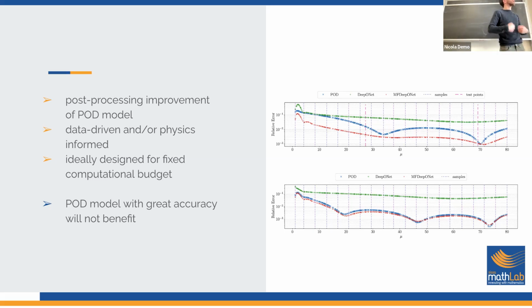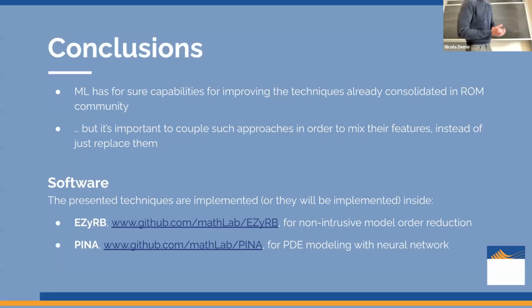For the second part, where we just add some more modes in the POD model, the good point is that we are not able, at least with DOT, to get worse results, but we don't actually gain anything. So please take into account, it is very well suited if you have a few snapshots, but if you can do as many snapshots as you want, probably try to find something else.